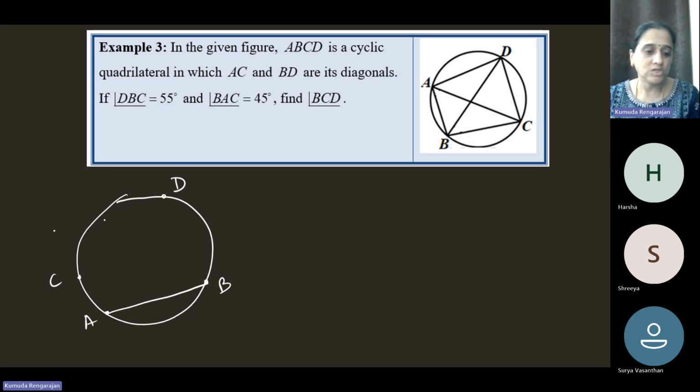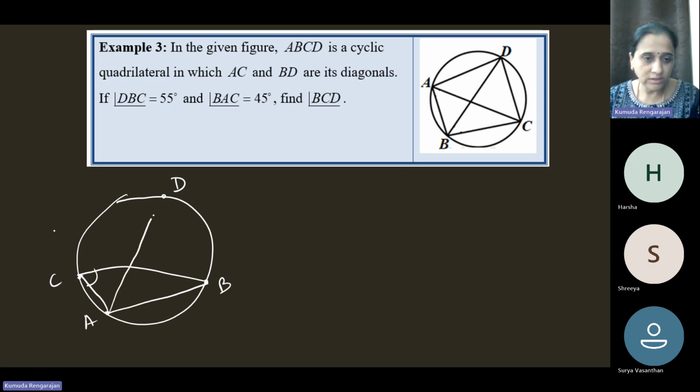Now join A to C, B to C, straight lines. This is the angle made by the chord AB at the point C in the major segment.